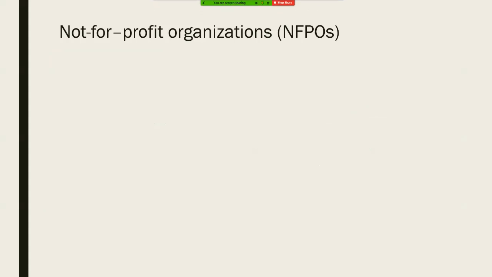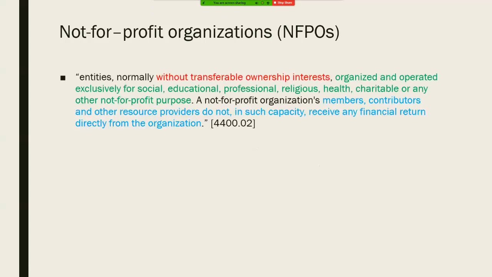So taking a look at what a not-for-profit organization is, the definition provided in the not-for-profit accounting standard 4400, paragraph 2, is that not-for-profit organizations are entities normally without transferable ownership interests, organized and operated exclusively for social, educational, professional, religious, health, charitable, or any other not-for-profit purpose.